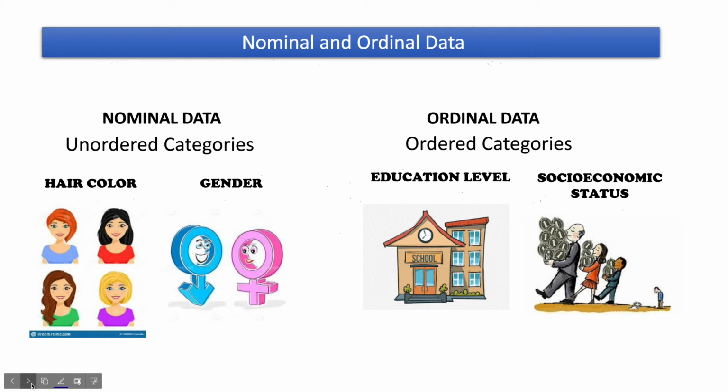Now, these are considered ordered categories because people with low income have less money than people with middle income, who have less money than people with high income. So there's a natural ordering. This is unlike nominal data where the order doesn't matter. So there's no order for black hair color, brown hair color, blonde hair color. The color just doesn't matter.